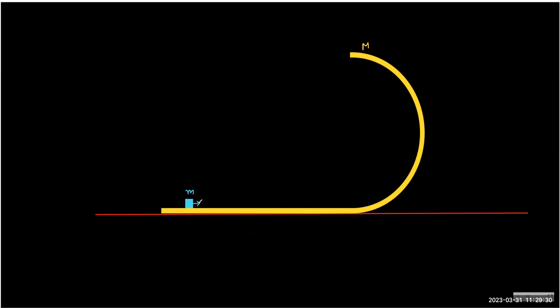So the block and the track have zero friction. Find U minimum to reach the top of the track. I want to reach here, so how much? The radius is R, right?